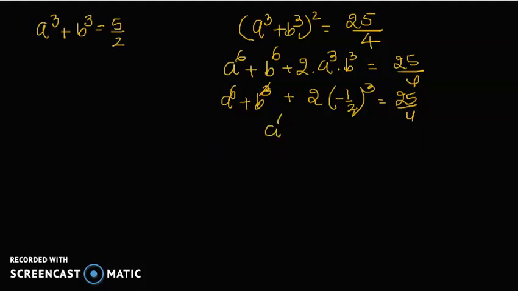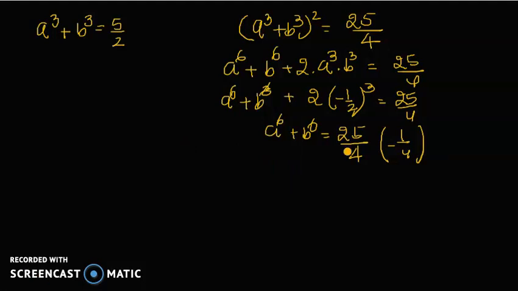So a6 plus b6 will be 25 by 4, and this is how much? 1 by 8 times 2 is 1 by 4. 2 times minus 1 by 8 is minus 1 by 4, so there is a slight mistake here.